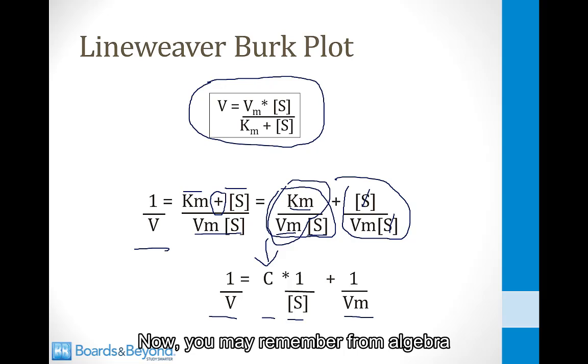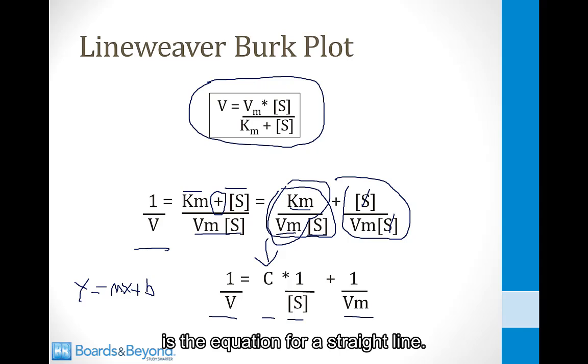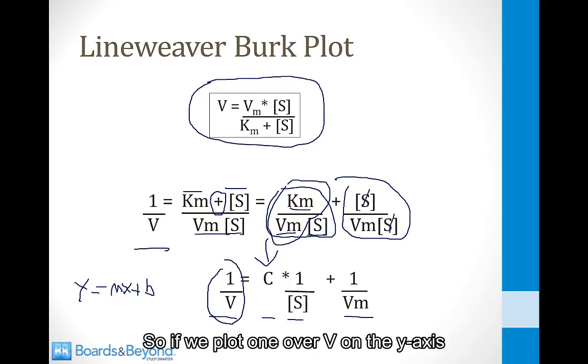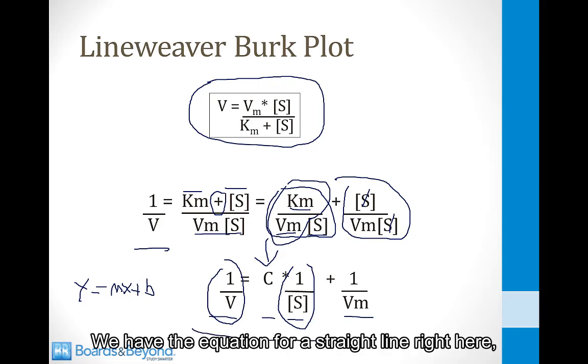Now you may remember from algebra that the equation y equals mx plus b is the equation for a straight line. So if we plot 1 over V on the y-axis and 1 over S on the x-axis, we now have y equals mx plus b. We have the equation for a straight line right here.